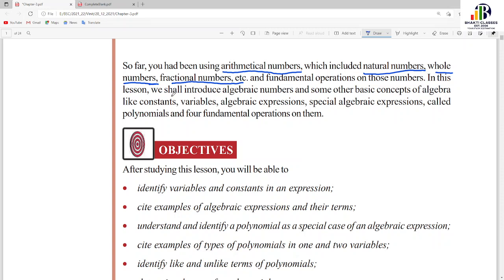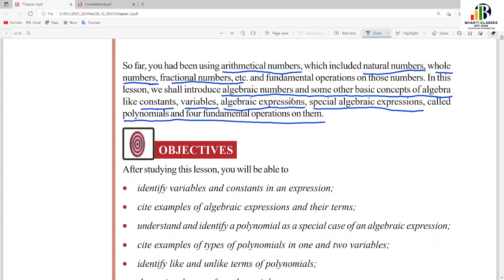In this lesson, we shall introduce algebraic numbers and some other basic concepts of algebra like constants, variables, algebraic expressions, special algebraic expressions called polynomials, and four fundamental operations on them.